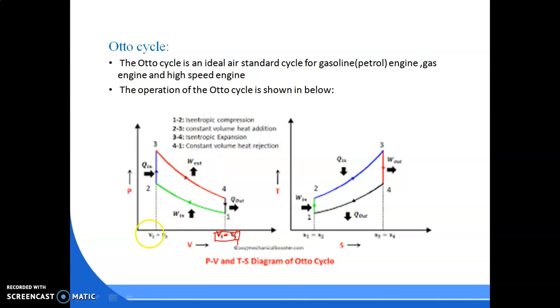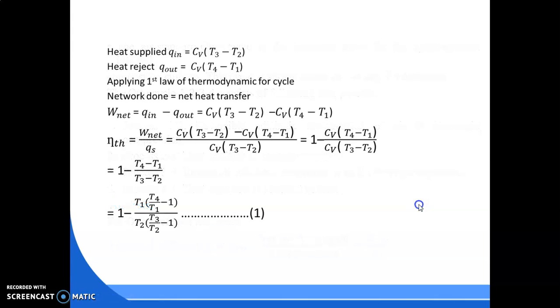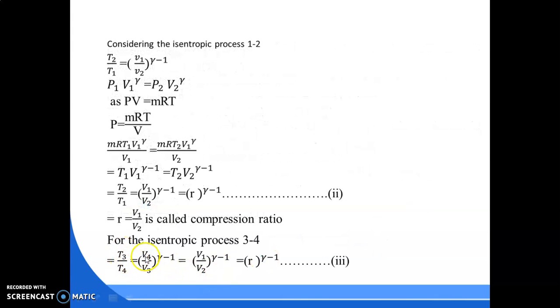Also 2 to 3 is a constant volume process, so V2 is equal to V3. Since V2 is equal to V3 and V1 is equal to V4, the equation we got is T3 by T4 is equal to (V4 by V3) to the power gamma minus 1.